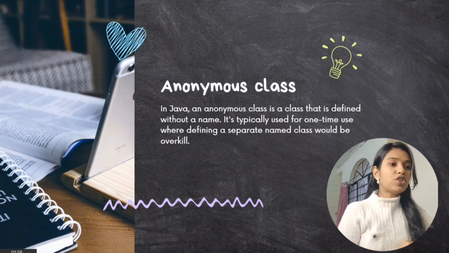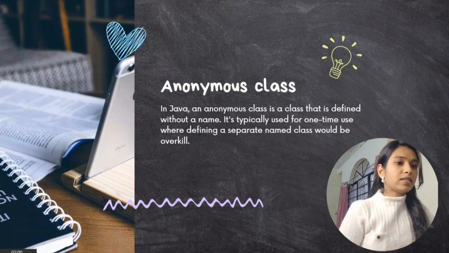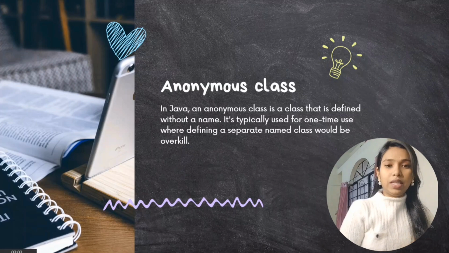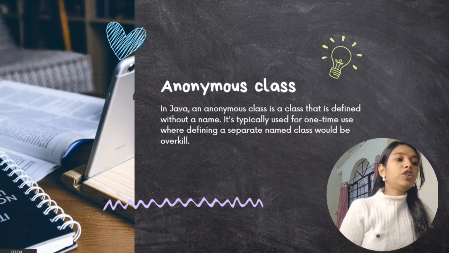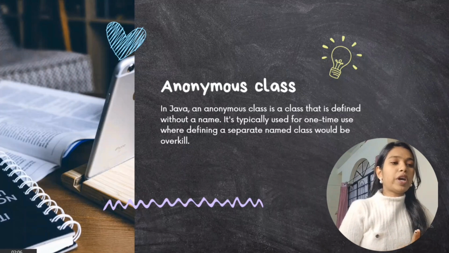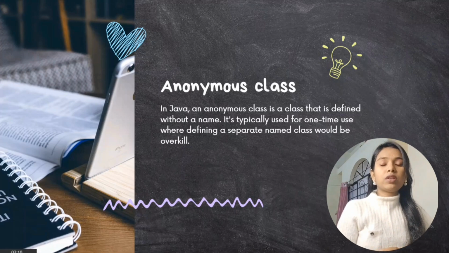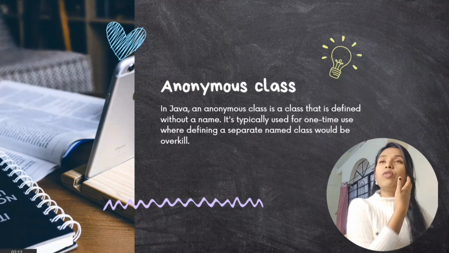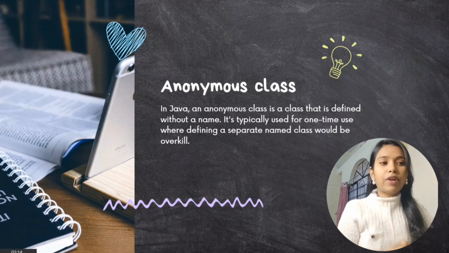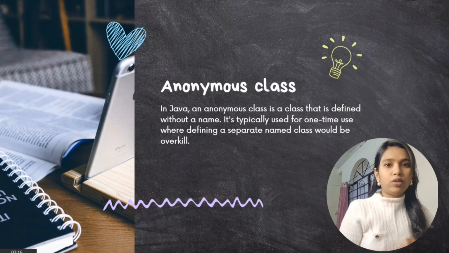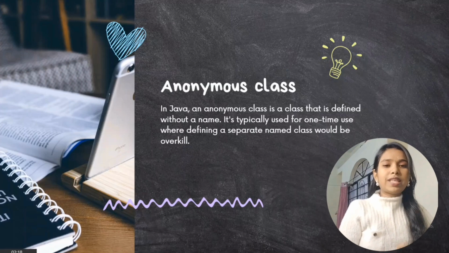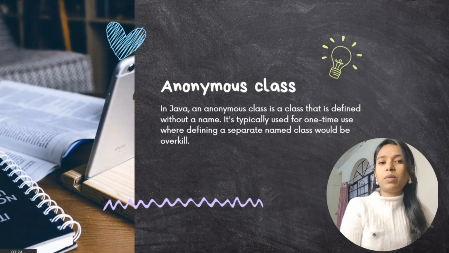In Java, an anonymous class is a class that is defined without a name, and it is typically used for one-time use where defining a separate named class would be overkill. Why do you have to create anonymous classes? For example, you have some method, suppose it is show.